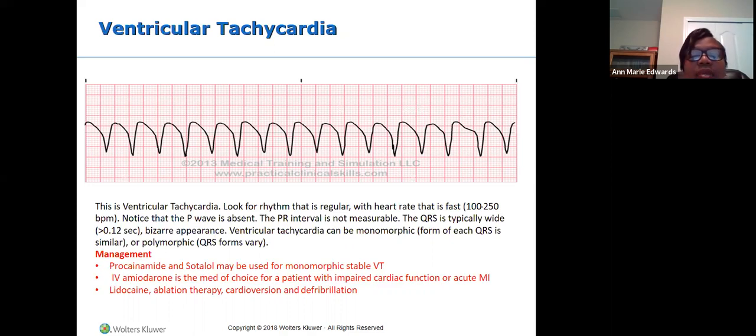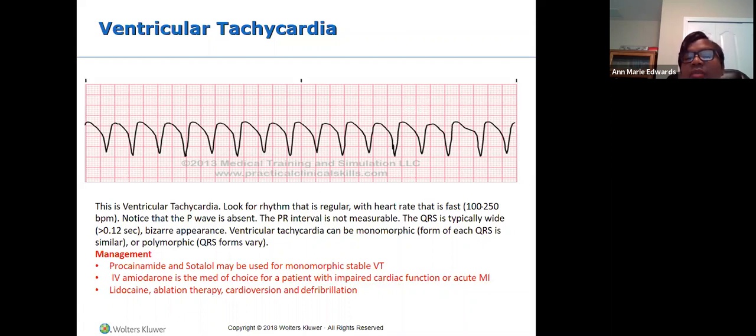And notice that the P wave is absent when you have VTAC because these ventricular waves are so wide, they cover the P wave. The P waves are absent, okay? The PR interval is not measurable. The QRS is typically wide, greater than 0.12, and bizarre in appearance.